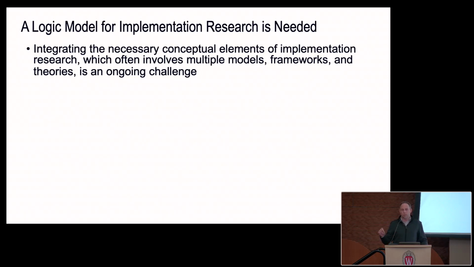And how does it line up with Proctor's implementation outcome framework, with RE-AIM? How do all those things go together? Large grants typically would have 2, 3, 4 models and frameworks. And how do you put those together in a sensical way? You can do it, of course, but it's often very difficult, especially for new learners of implementation research, to actually do that in a good way.